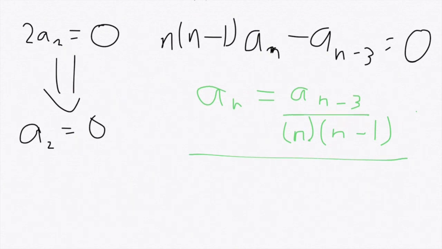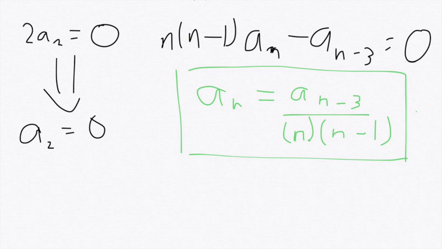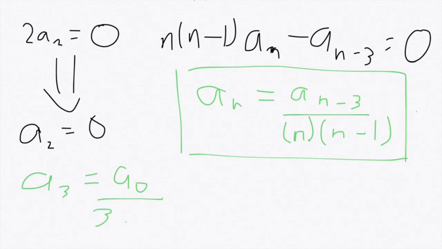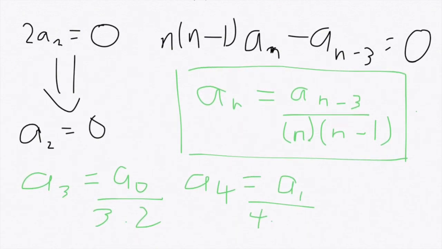This thing over here is what we call a recurrence relation, as we're defining one term of the sequence in terms of previous terms. And what we do over here now is just start plugging in n. So notice our series started at n equals 3. So if we let n equal 3, we get a of 3 is equal to a of 0 over 3 times 2. So a of 4 is equal to a of 1 over 4 times 3.